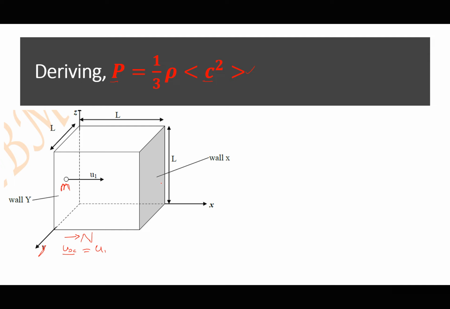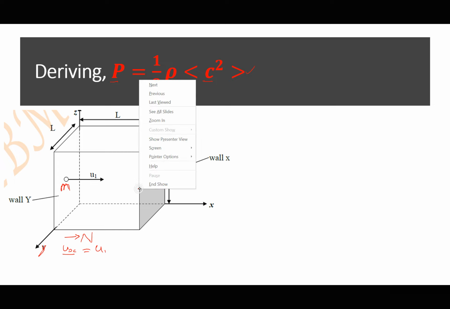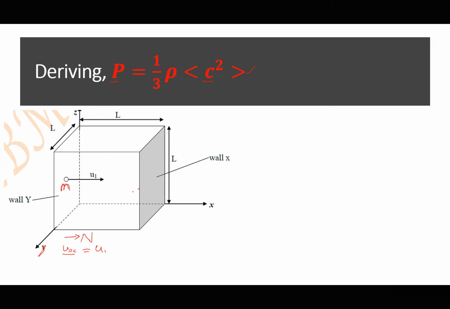So, since the collision is perfectly elastic, when this molecule reaches wall X, it will actually rebound. If it rebounds, then it will change direction and move in the opposite direction.